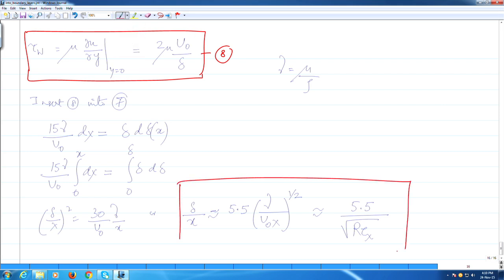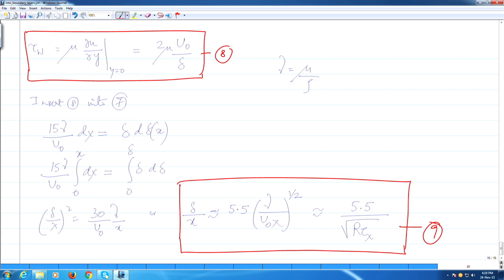We started out calculating the drag force and so on and so forth. What we seem to have found out is that this x is basically the distance along the flat plate. So, if we do all this, then we get this.